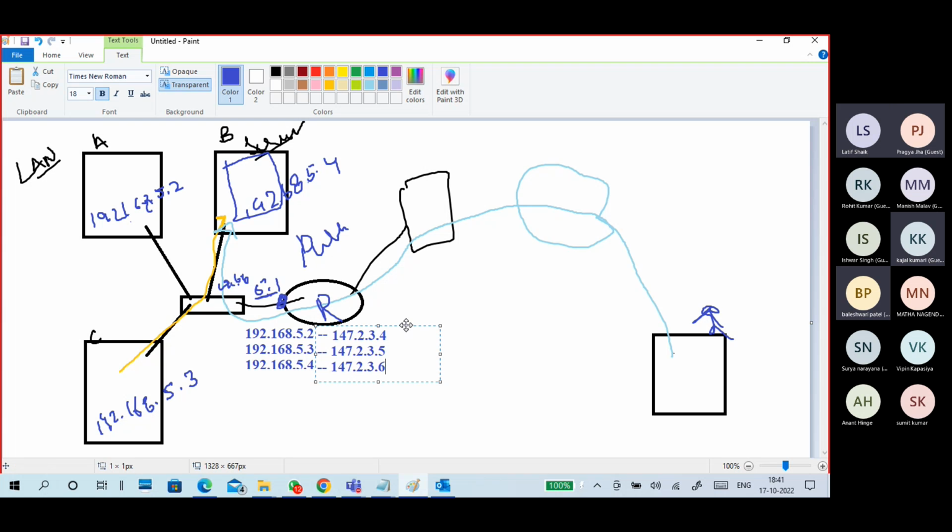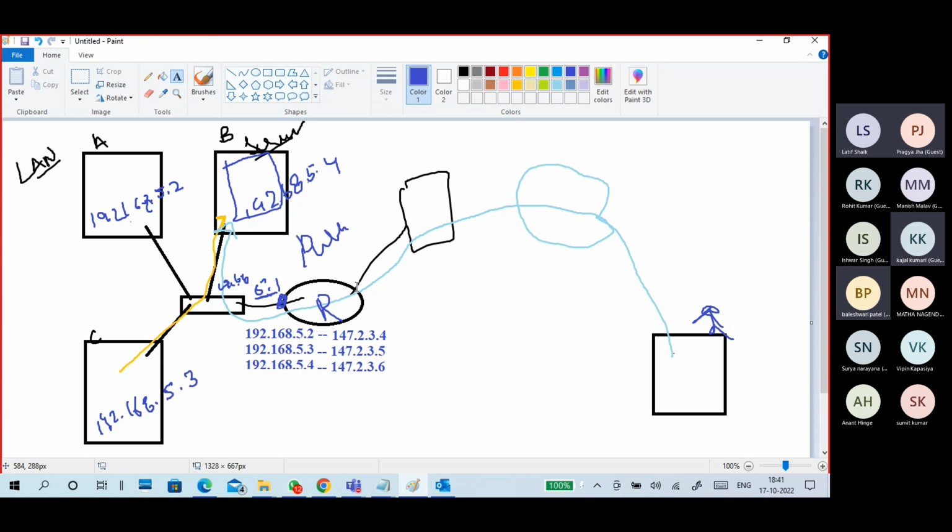I purchase these public IP addresses to communicate in public. Through the internet, people can access my devices and I can access outside of my network. So instead of assigning these public IP addresses to devices, I map the private, inside IP addresses to outside IP addresses. So this is called NAT.